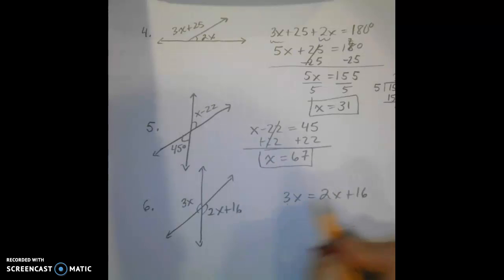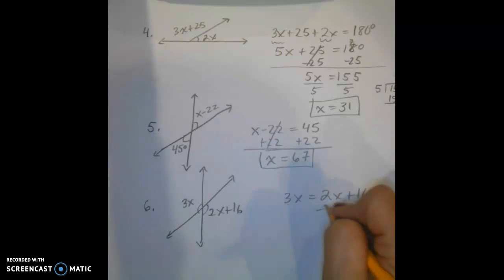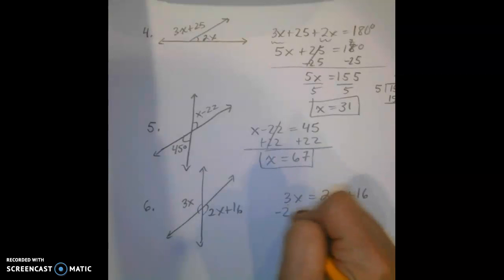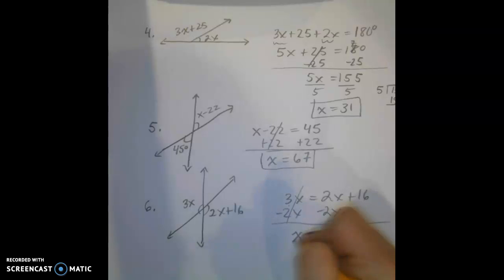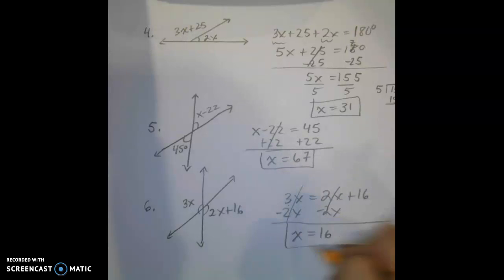I have variables on both sides, so I'm going to subtract from the right side. And this makes it easy because I'm done. I've got 1x equals 16. And that's your answer. With those examples, I think you guys should be ready to finish the rest of the problems on your worksheet.